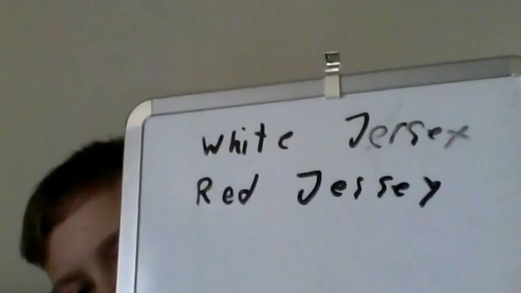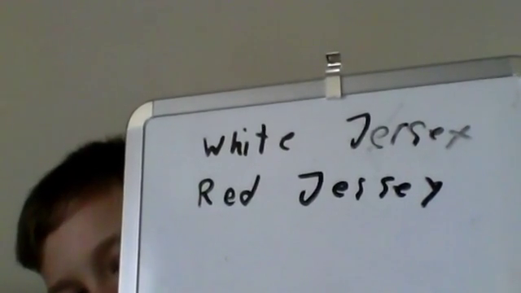I see white, red. Is it backwards? I see colors and names. So are there words on the left and words on the right? I want two groups.